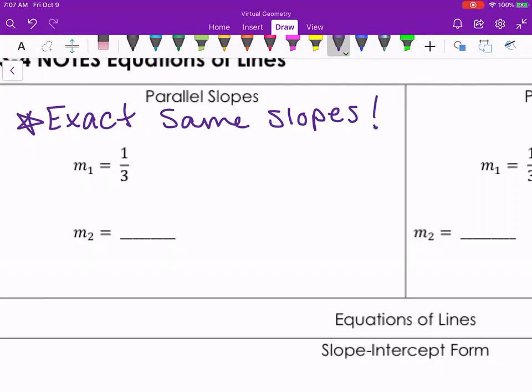If the original line has a slope of 1/3, like it says in the problem, M1, slope 1 is 1/3, M2 or slope 2 has to be exactly the same, 1/3. That way we get parallel lines.